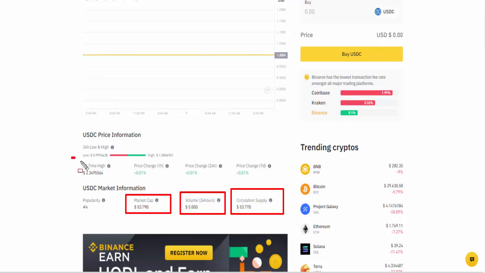The all-time high is also high, going to 130% of its original value, and the current price change over 1 hour is 0.01, and the price change over 24 hours is the same.